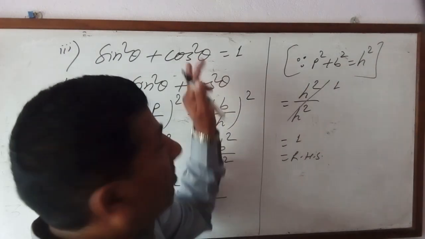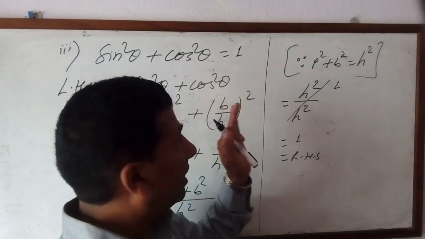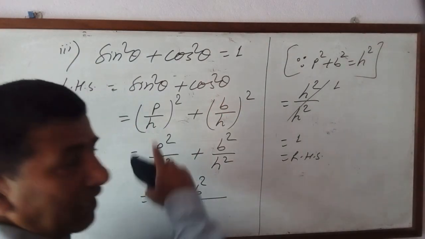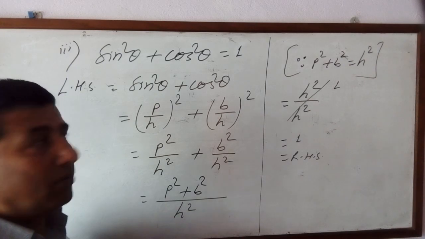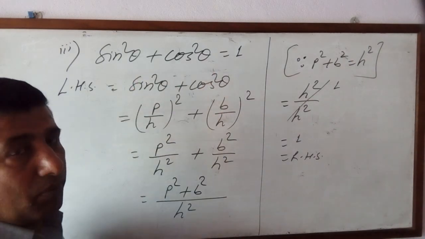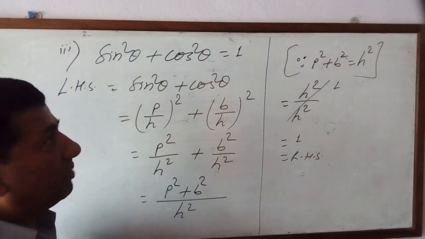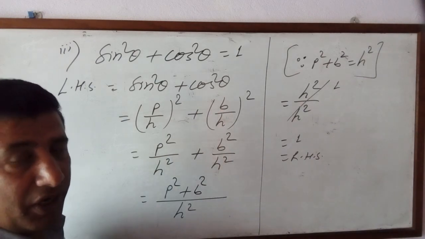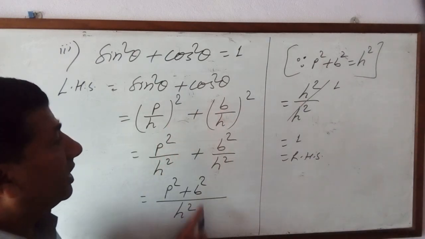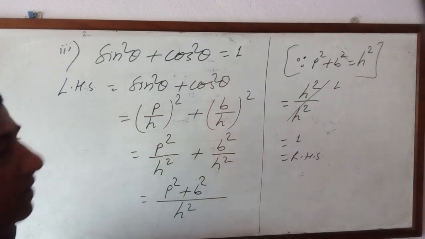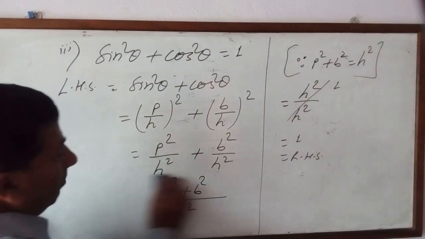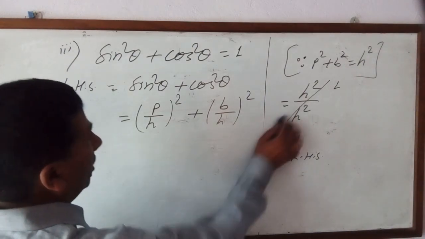That's why we have given these three formulas the name Pythagoras relation. We can say Pythagoras, because we are proving them using the Pythagoras theorem. These three formulas are related with the Pythagoras theorem.